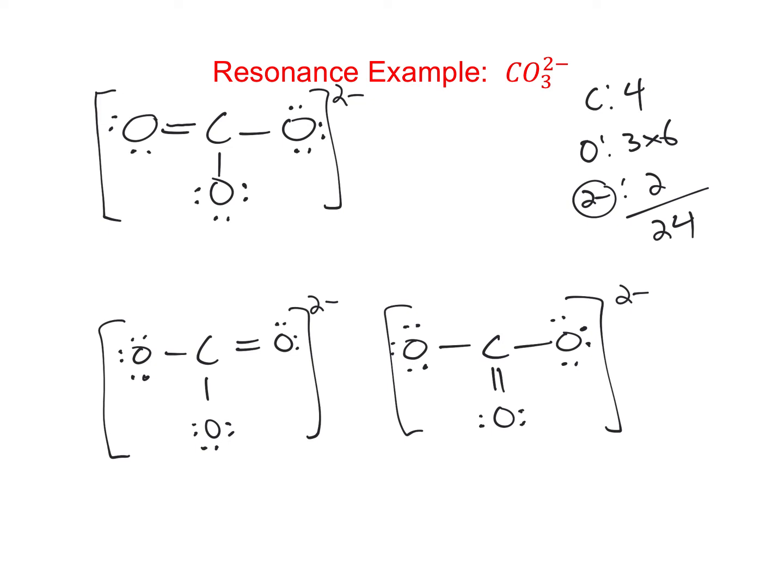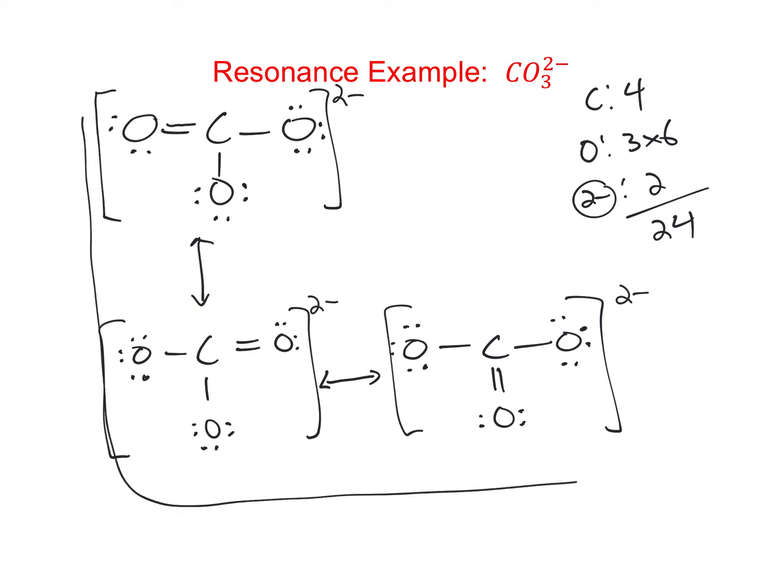And so to indicate that we're drawing resonance structures and that the actual molecule is a combination or a hybrid of all 3 resonance structures, we will typically draw those double-sided arrows between them. So if I said draw all the possible resonance structures for the carbonate ion, this is what you would want to draw for me.